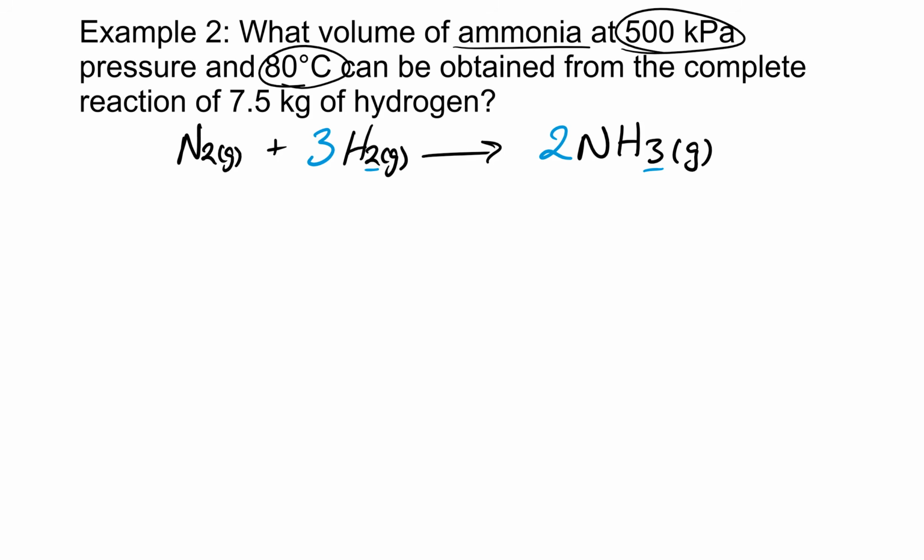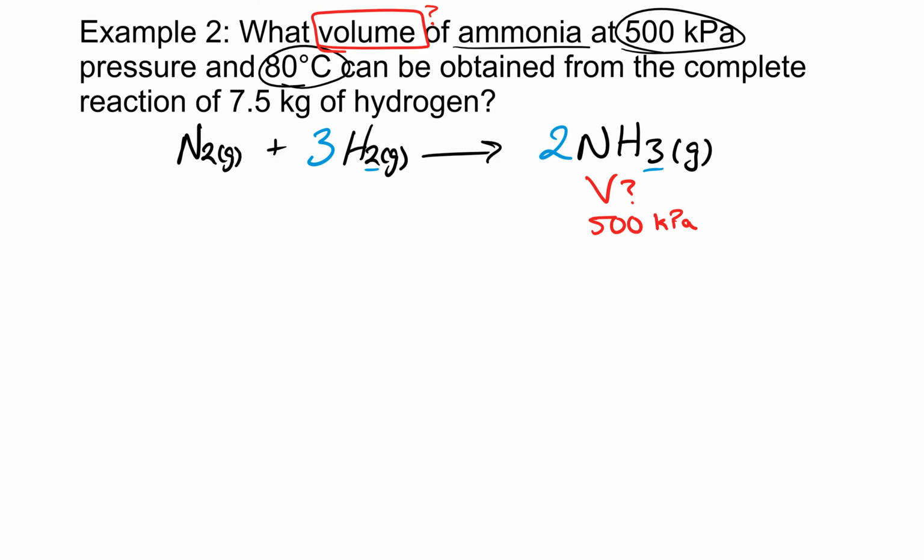What volume? This is the big thing that we're looking for. What volume of ammonia? So under ammonia, I will put V question mark. At 500 kilopascals pressure and 80 degrees Celsius. So I'm going to put that under the unknown. I'm going to put 500 kilopascals, and I'm going to put 80 degrees Celsius.